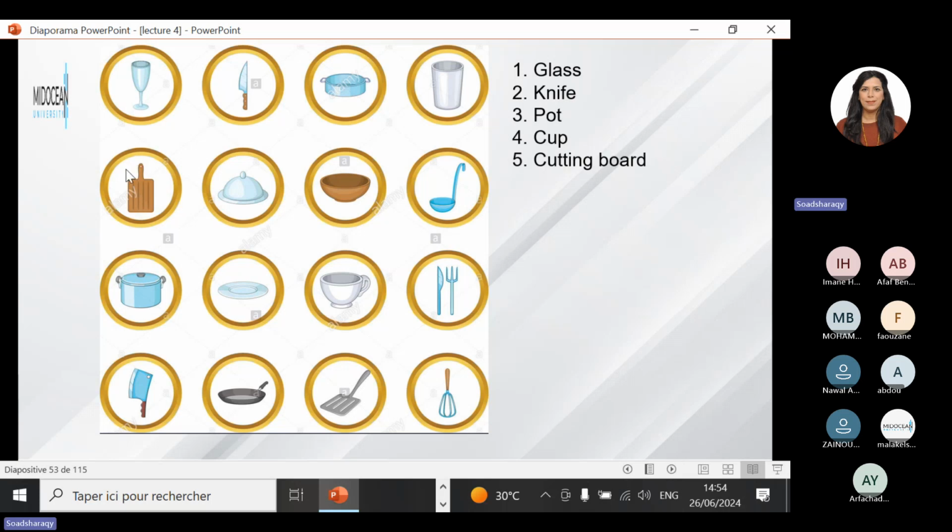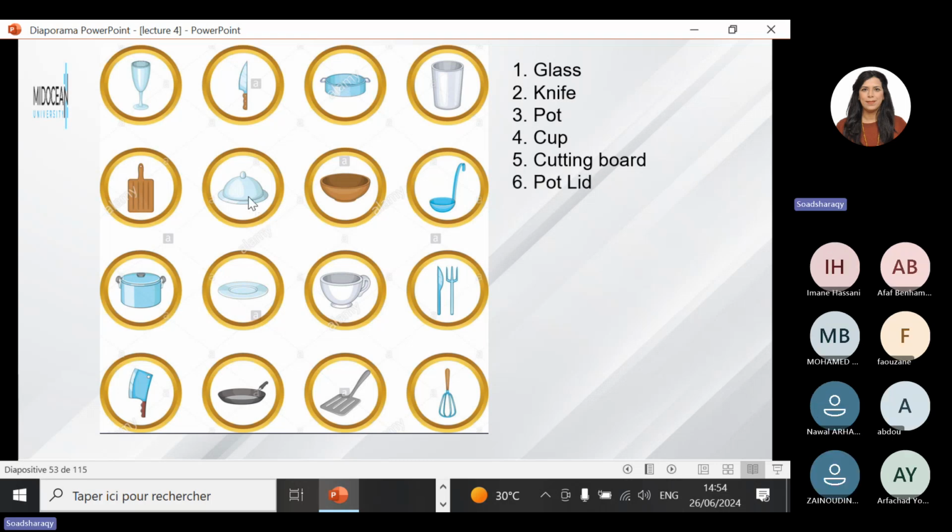Number 5, cutting board. Number 6, pot lid. 7, bowl. 8, ladle.